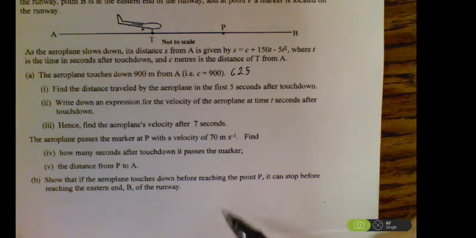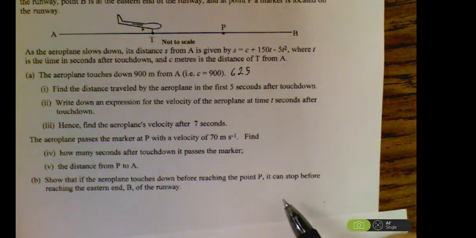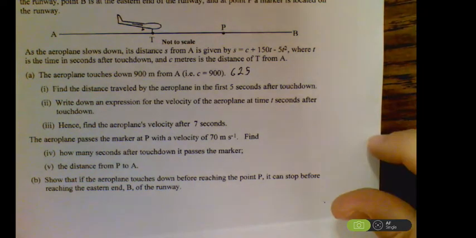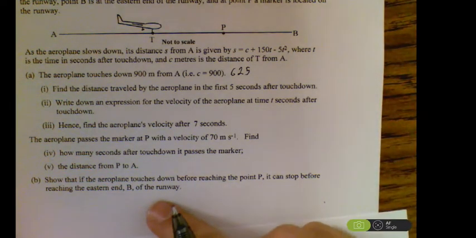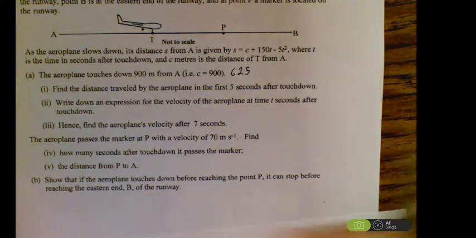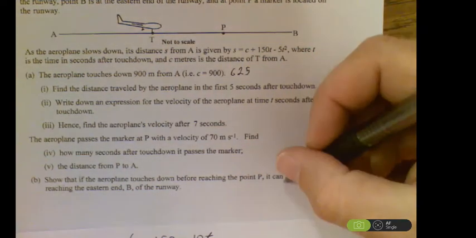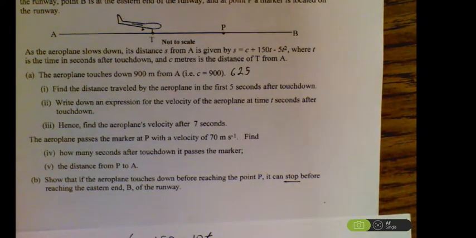So last step here: show that if the airplane touches down before reaching point P, it can stop, meaning it would have a 0 velocity before reaching the end. For this one, we first need to solve for some time. Remember, this one is talking about a velocity of 0 because of that wording right there.